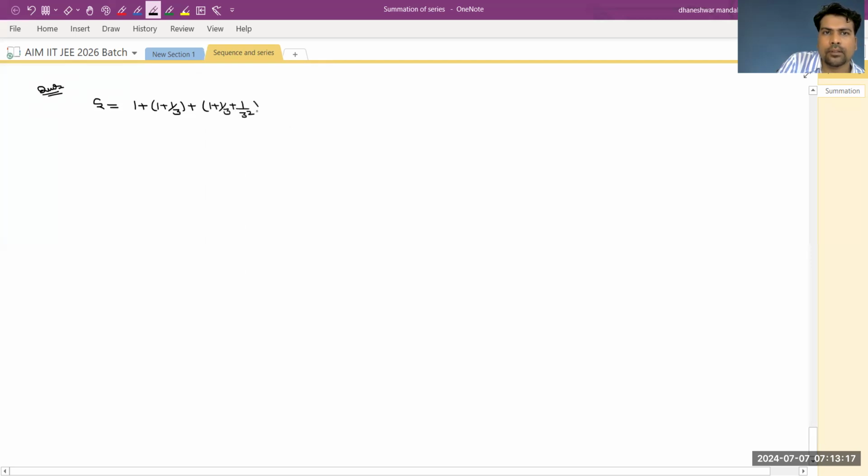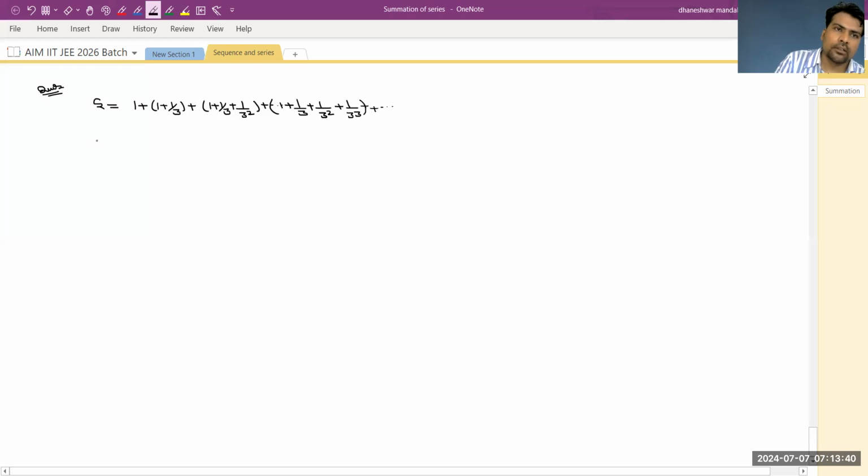And in this way we have the summation. Let's take one more term here: 1 by 3, 1 by 3 square, and 1 by 3 cube. So up to n terms, I have to calculate the summation.